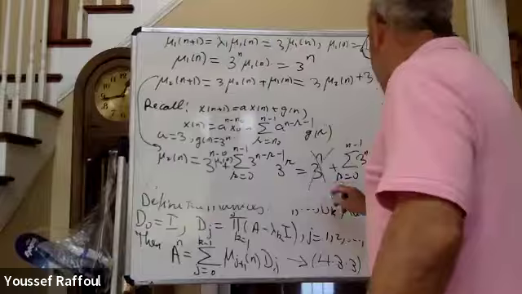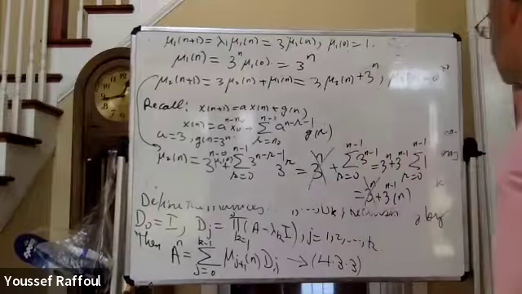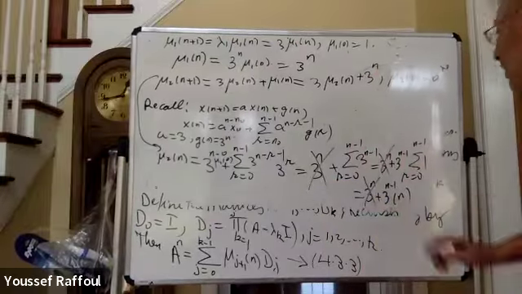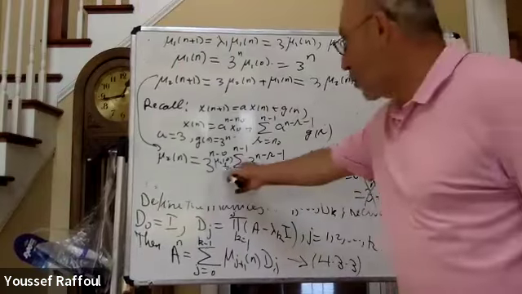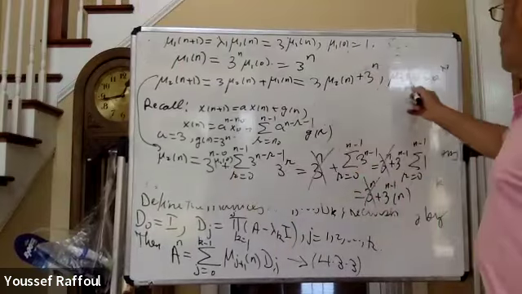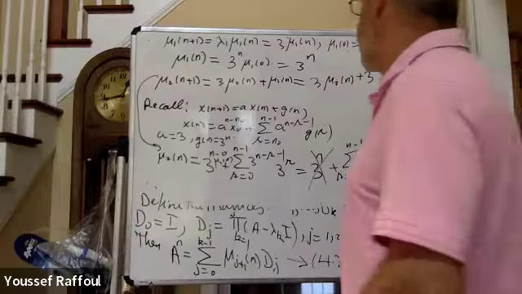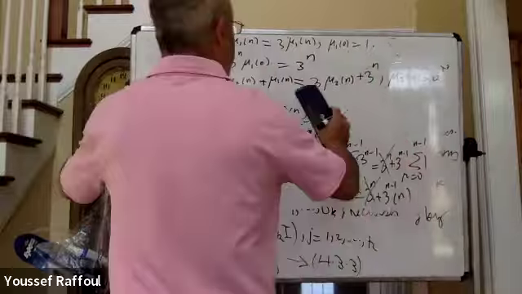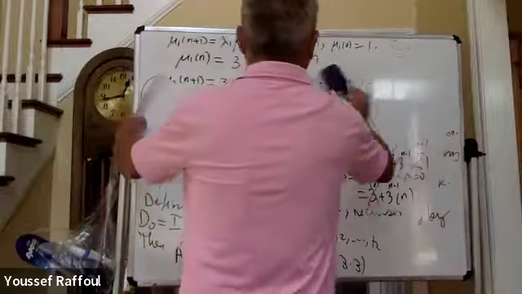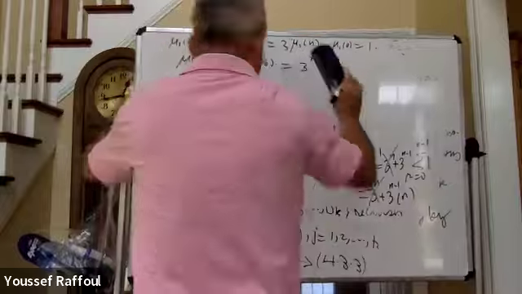That is 0, so that term is out, because mu2 of 0 is 0. You see that? So we have n times 3 to the n minus 1. Okay, so this is mu2.